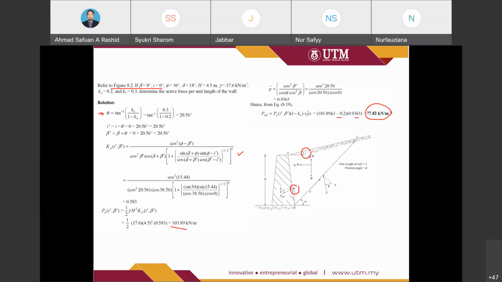So that is the lateral stress due to the dynamic load, by using the Mononobe-Okabe method as improved by Aragon.